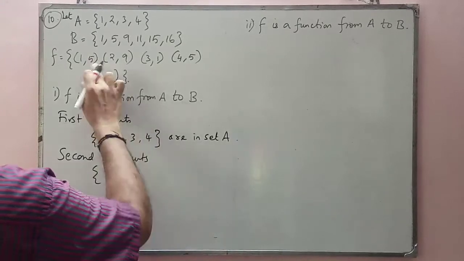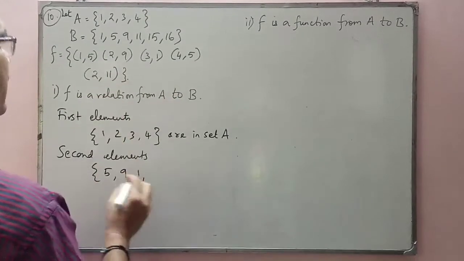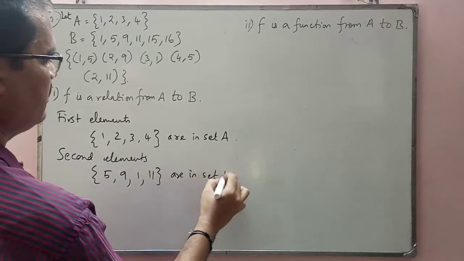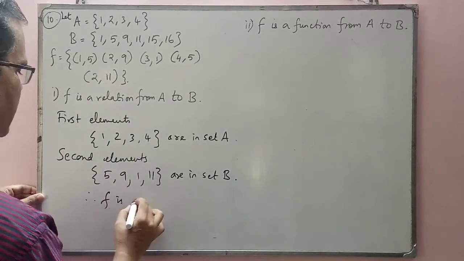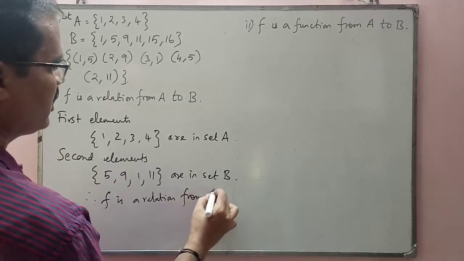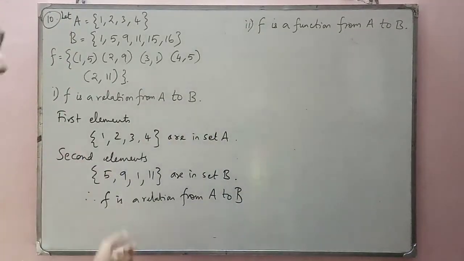The second elements are 5, 9, 1, 11. Yes, they are in set B. Therefore, this F is a relation from A to B, because the mapping has happened from A to B. So this is a relation.